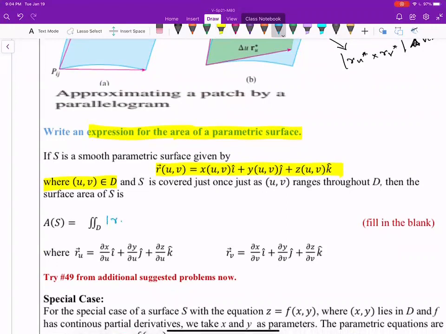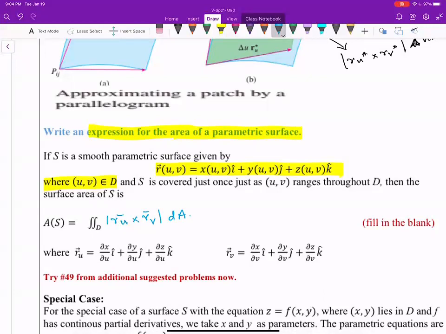What do you expect here? It is the magnitude of the cross product, Ru cross Rv, dA. That is what we stated earlier.